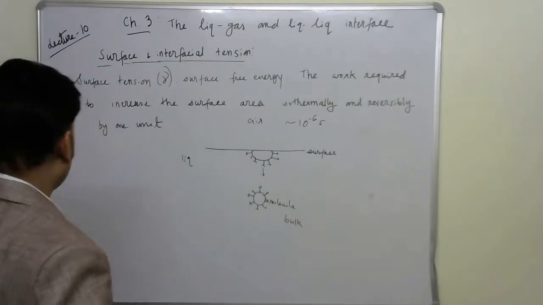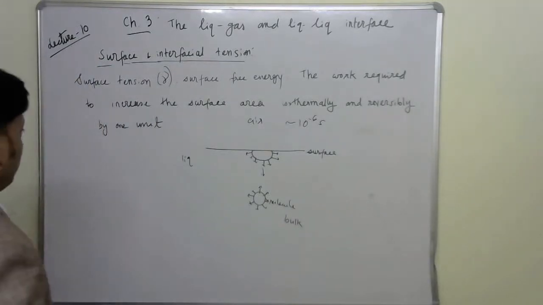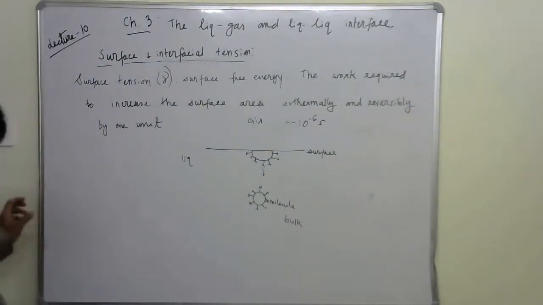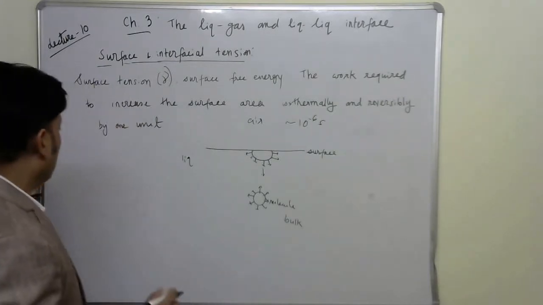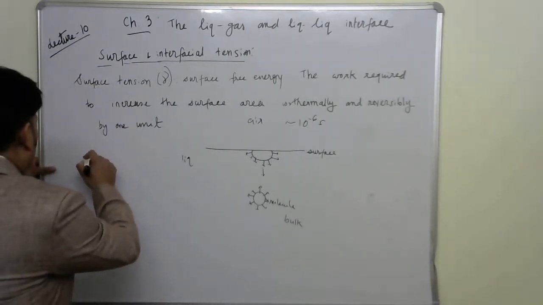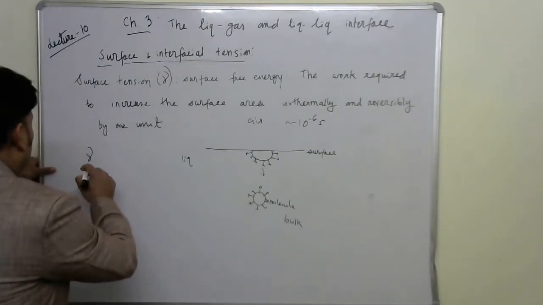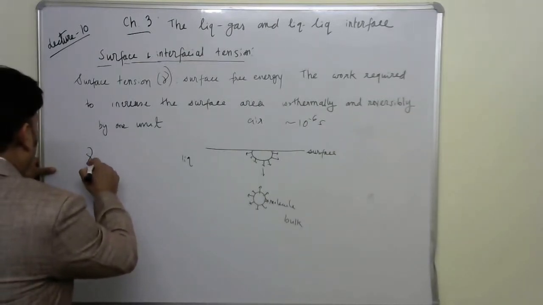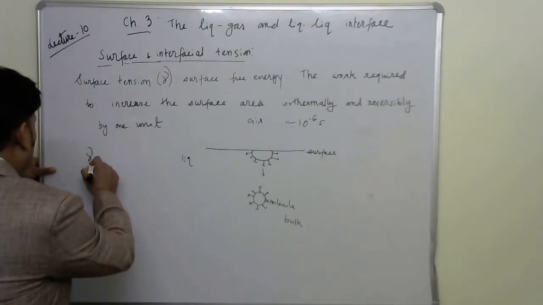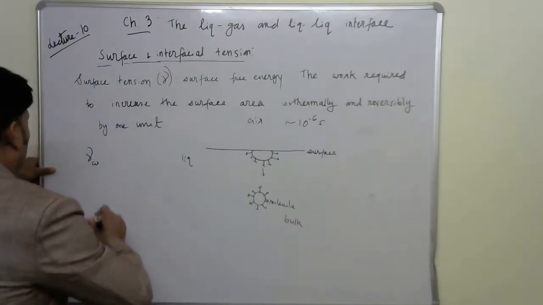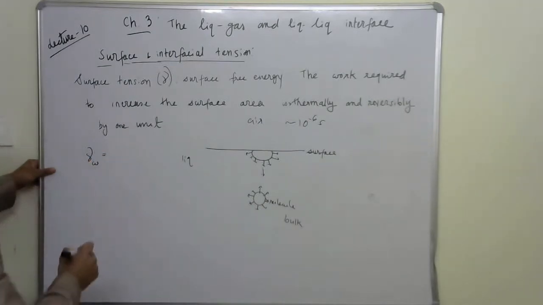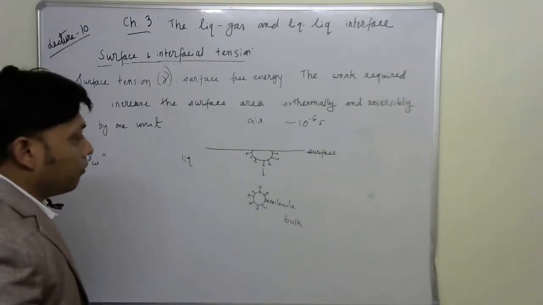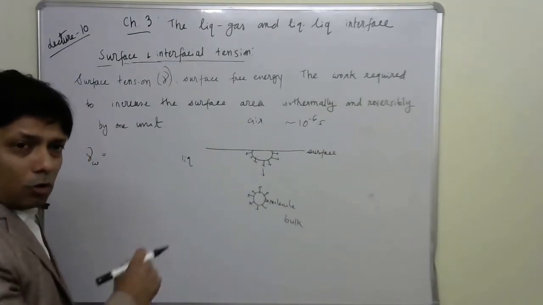Now let's take a look at a few different types of liquid. Let's talk about the surface tension gamma of water, which I am writing here as gamma W. What is the origin of gamma W? The origin is the intermolecular force of attraction within the water molecules.